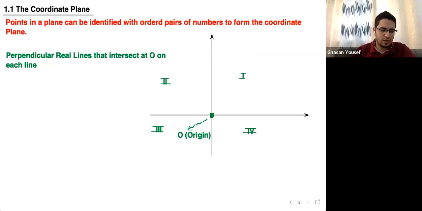We should know also that any point in the coordinate plane can be defined by an ordered pair, in parentheses, with the x coordinate and the y coordinate.